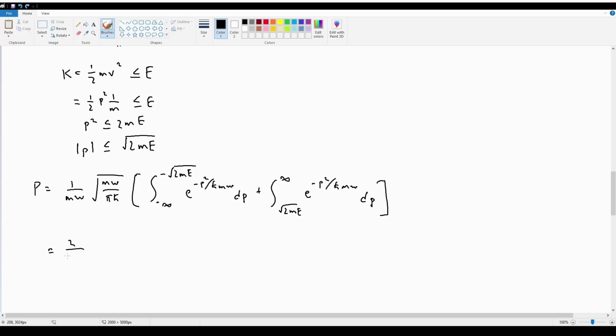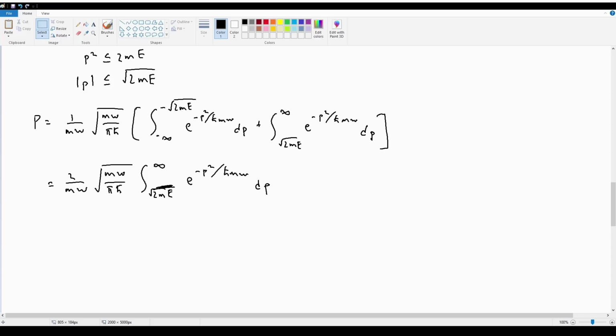This is going to be 2 over m omega times the square root of m omega over pi h bar times the integral from root 2mE to infinity of e to the negative p squared over h bar m omega dp.